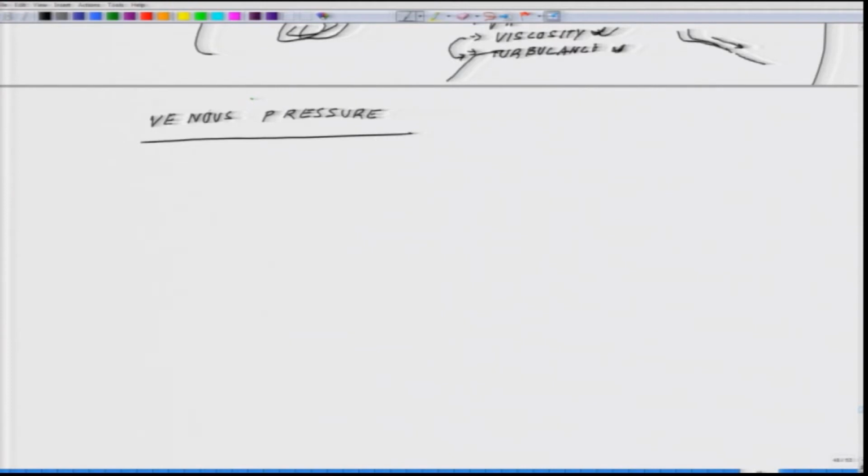So, venous pressure is the hydrostatic pressure in the veins of the system.